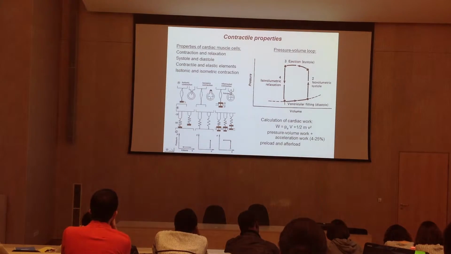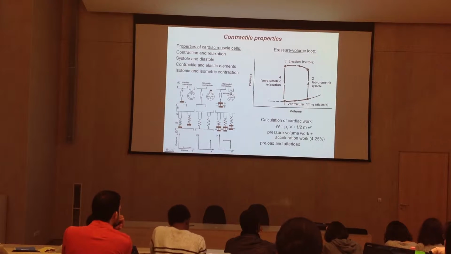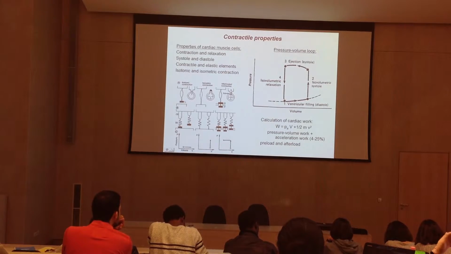Okay, therefore, if the blood flows out, in this case, it's not necessary to increase further the pressure, just to decrease the volume. And therefore, the second component will be isotonic contraction.